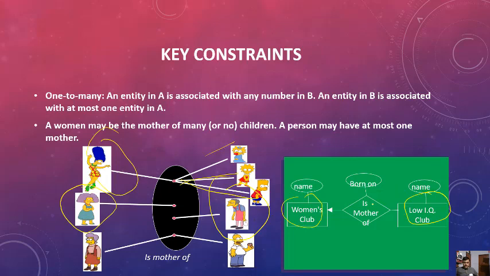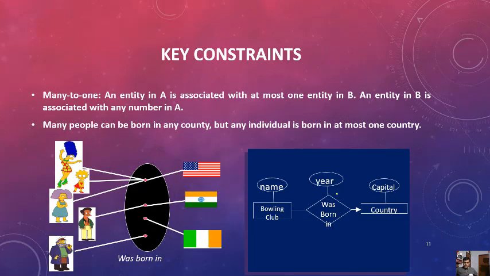That is why it is one to many, left to right. Women's club, one woman is associated with many children.